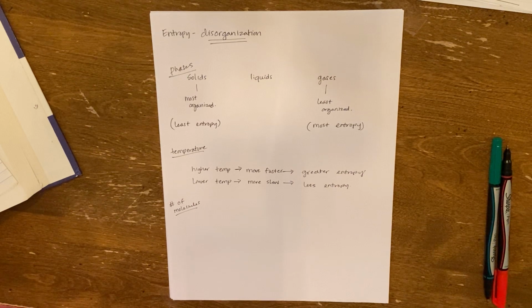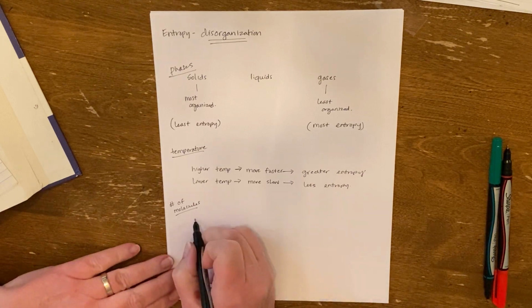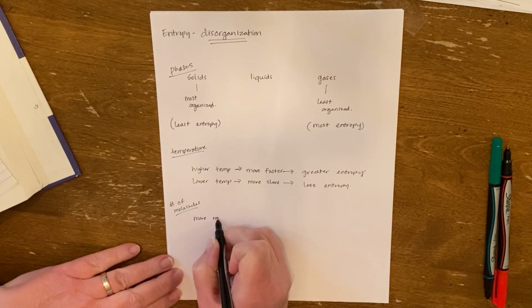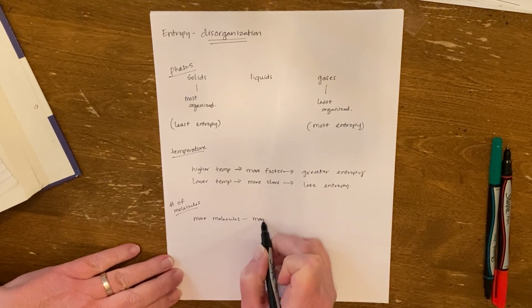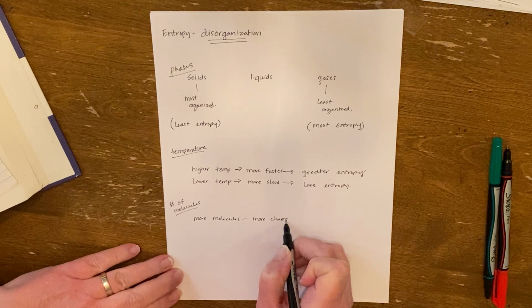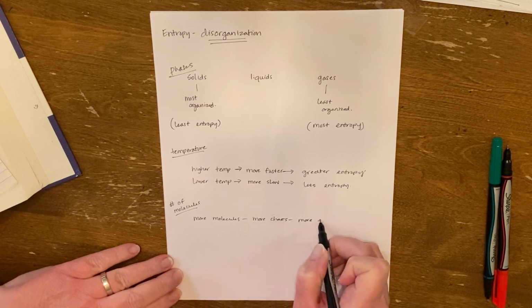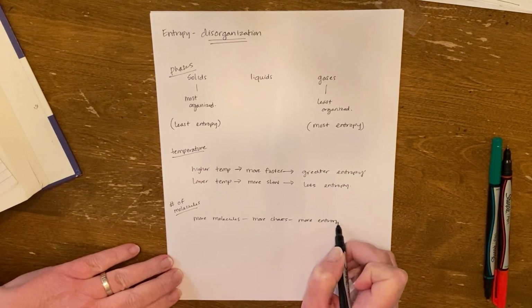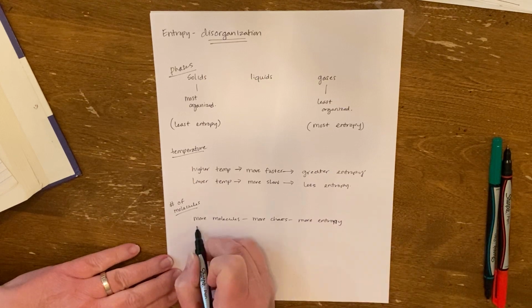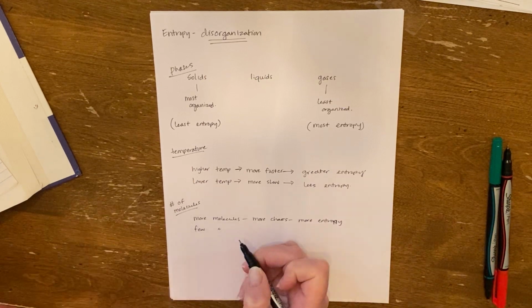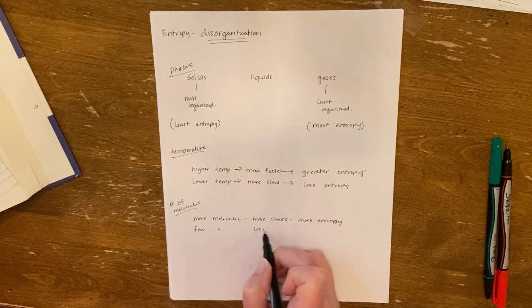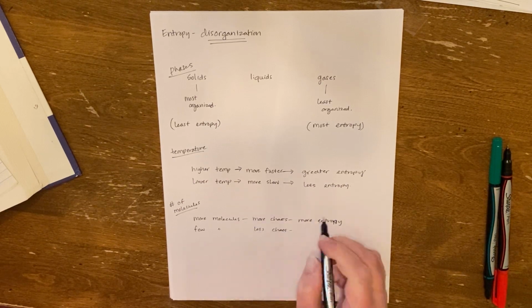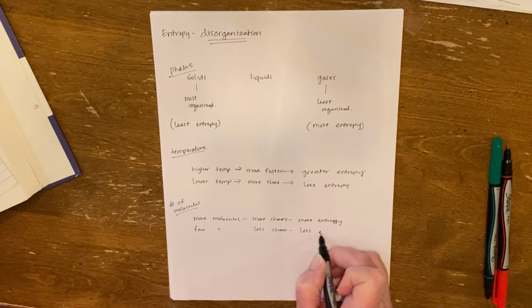The more molecules we have, the more chaos there is, which means the more entropy we have. The fewer molecules we have, there's less chaos, so there's less entropy.